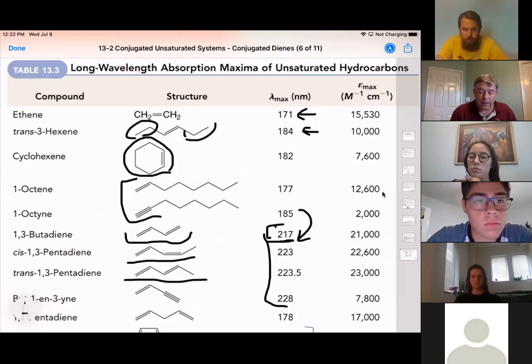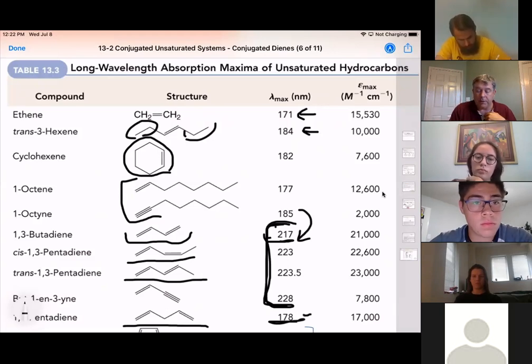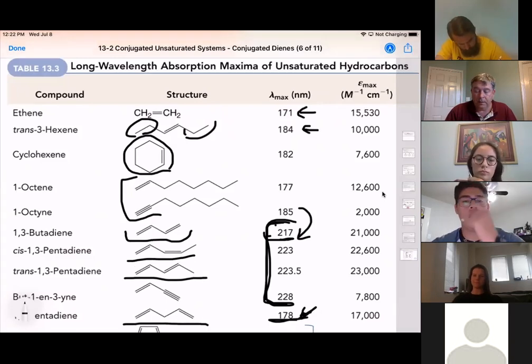But then look, if we break conjugation, it jumps all the way back up to outside the UV again, okay? So when we have them conjugated, they are definitely starting to absorb in that UV band. If we break that conjugation, we lose that lowering of energy of exciting those electrons.